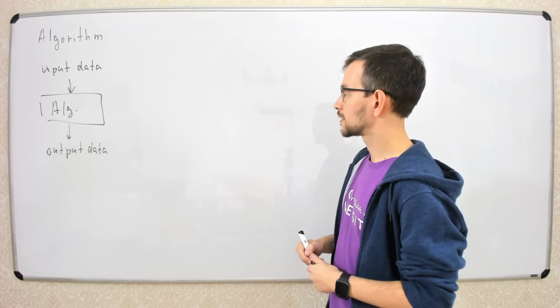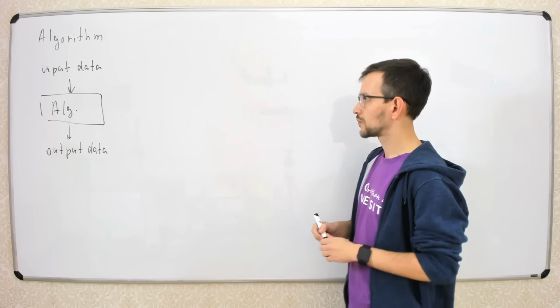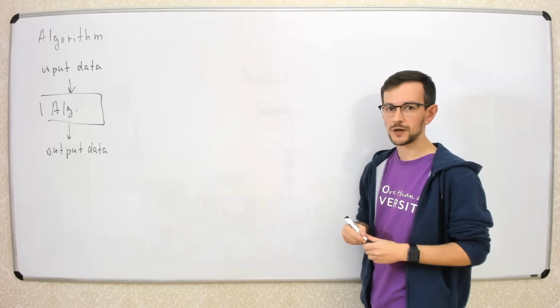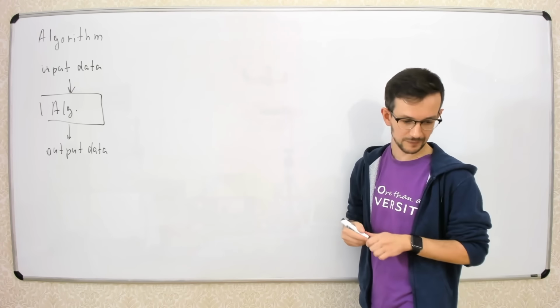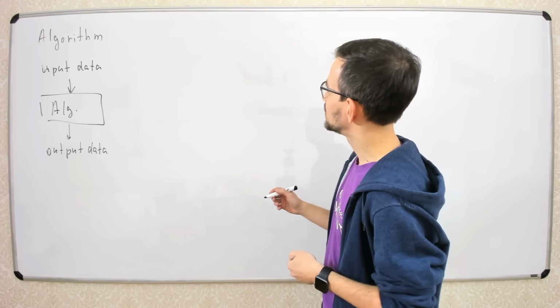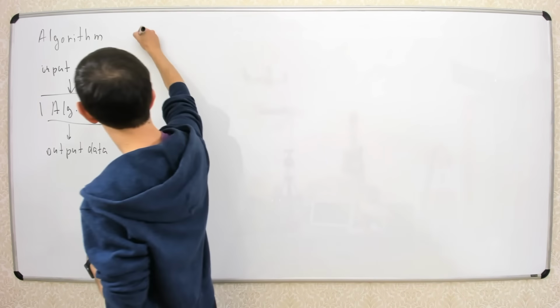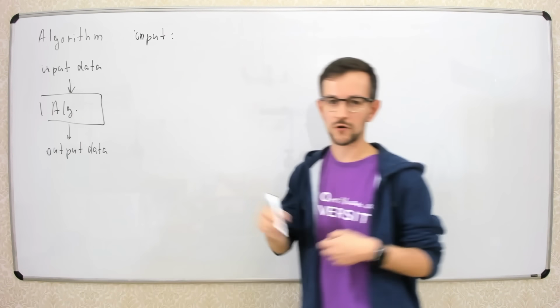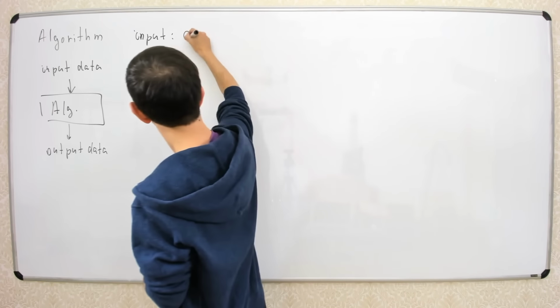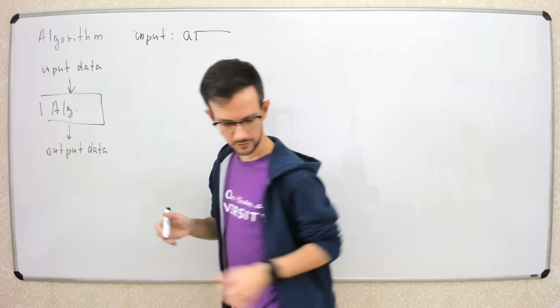For example, let's see something simple. Say we have the problem: calculate the sum of the numbers in the array. So your input data is some array of integers. Let's write it like this.